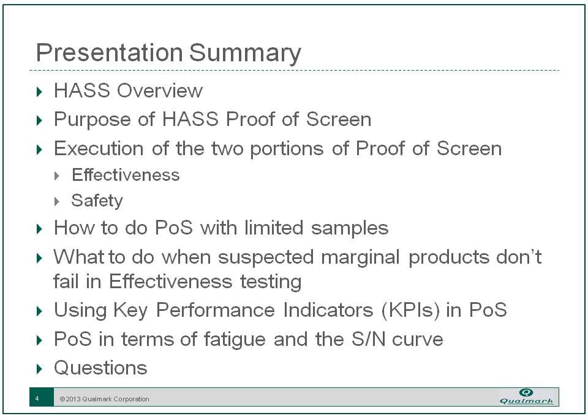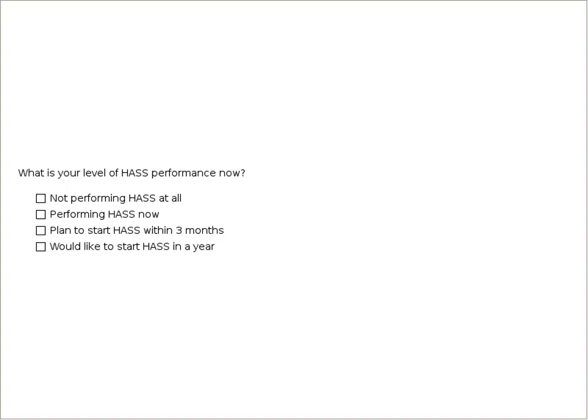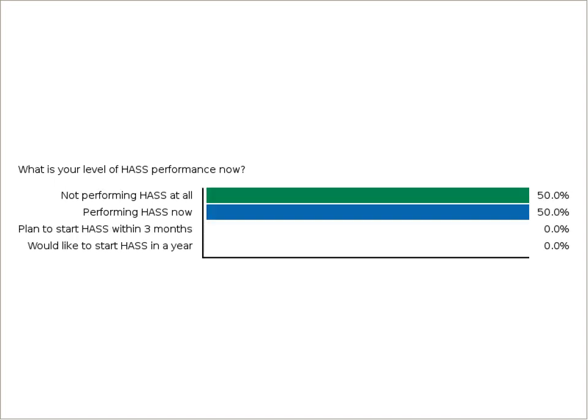I would actually like to take the opportunity now to do our first poll, because I'm curious to find out how many folks that are tuned in now are currently doing HASS in some form or plan to start HASS in the very near future. So you should be seeing popping up on your screen an opportunity to click and select your current level of HASS performance at your company.